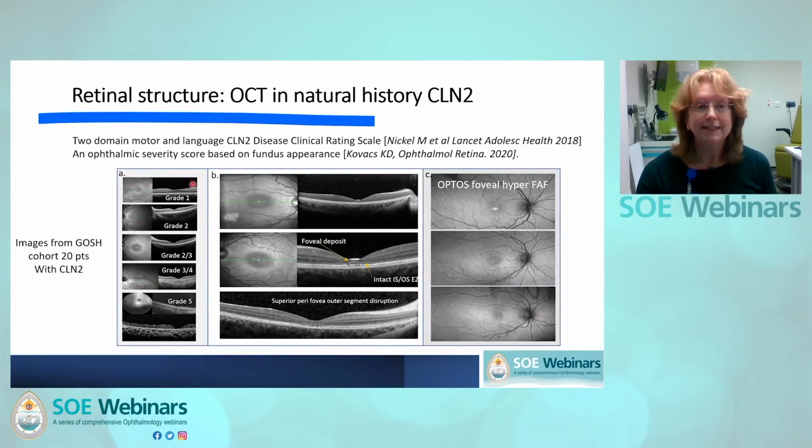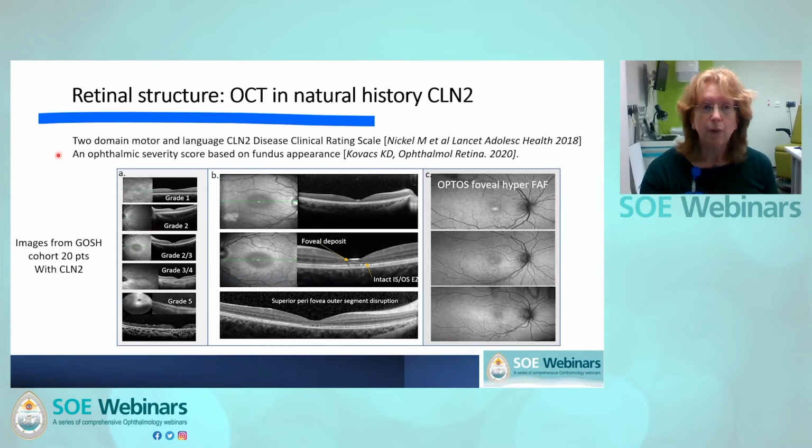There have been attempts across the world to look at the natural history and pool resources. And so there is a disease clinical rating scale that has two domains of motor and language skills. And this has proven to be very successful and have concordance across different centres and different raters.